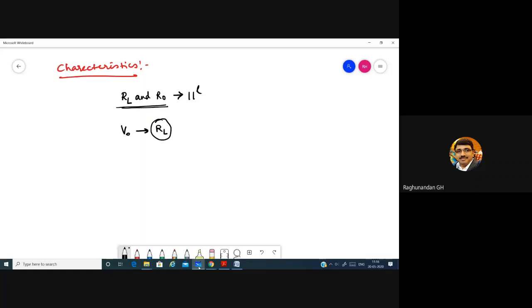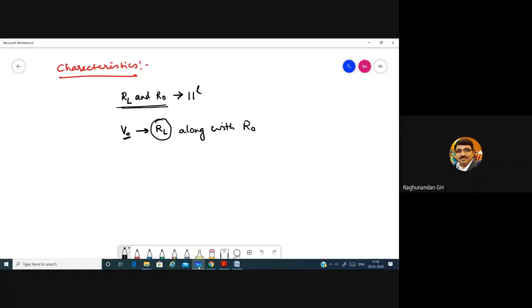It depends upon the kind of circuit you will be using. So here in this case, in order to find the output voltage when RL is considered along with R naught, R naught is what?